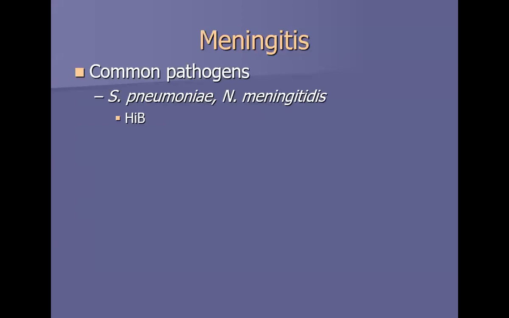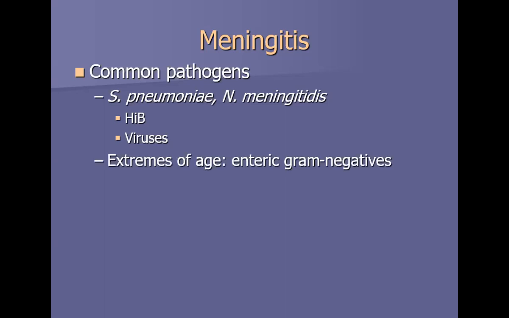Meningitis, again, common pathogens that we see. You won't see Haemophilus as much because of vaccinations, but you can see it in some older people who never got vaccinated, as well as children whose parents refused to vaccinate them, okay? And then of course we can see viruses. West Nile, they're finding West Nile now. We have a patient now that we're trying to get the outside LP results for, to check for West Nile.